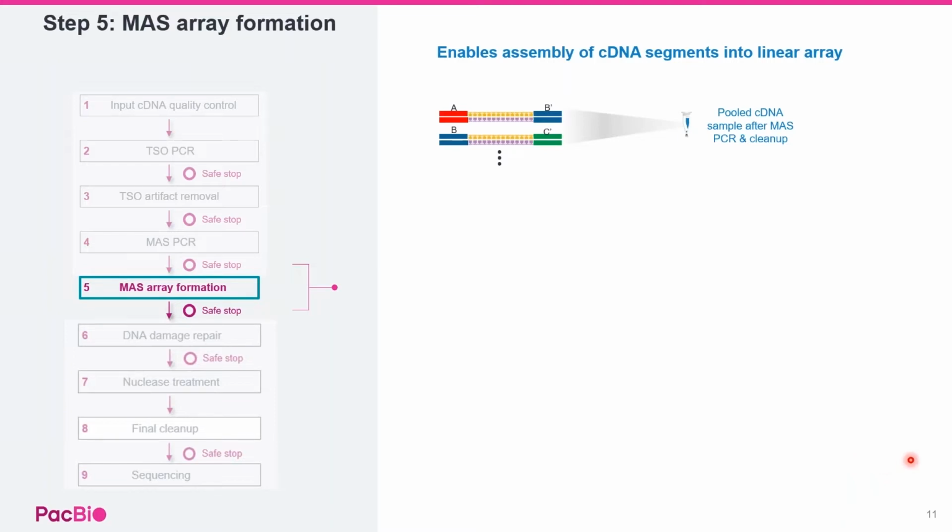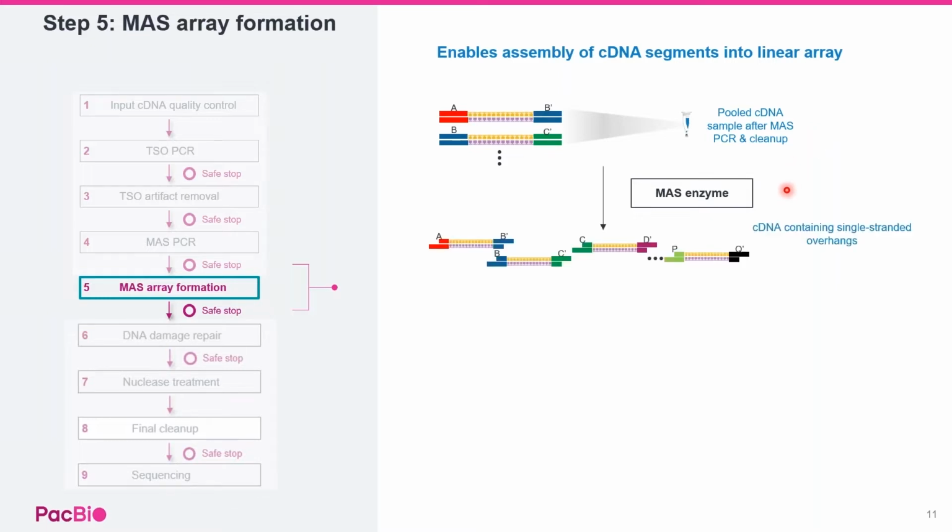Step 5 in the procedure is MAS array formation, which enables assembly of cDNA fragments into linear arrays. So the pooled cDNA sample after MAS-PCR is treated with MAS enzyme, which creates single-stranded overhangs.